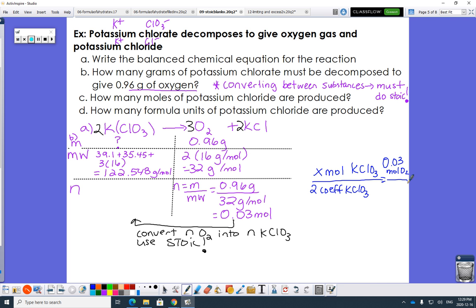Coefficient. So the Stoic ratio is the same sort of thing every single time. Put the X in the top, whatever that substance is, put its coefficient in the bottom, whatever you're given, and its coefficient.